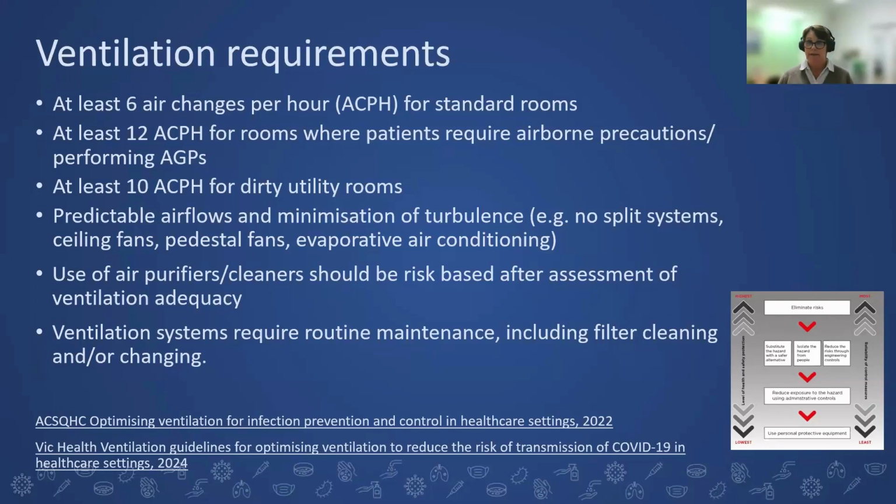You can usually get that from your HVAC system operating manual, or airflow testing can be conducted. From that, we can calculate the air changes per hour within the designated rooms. Sometimes it's better to get a ventilation professional in, as I said, an HVAC engineer or an occupational environmental hygienist, to help you do it.